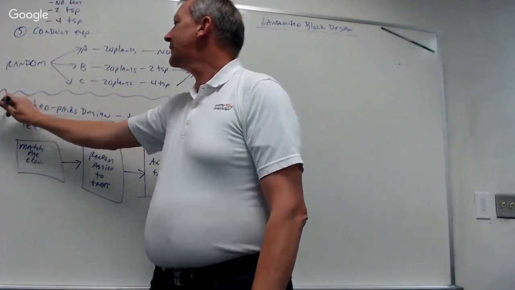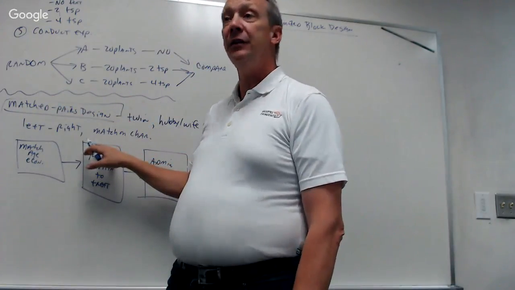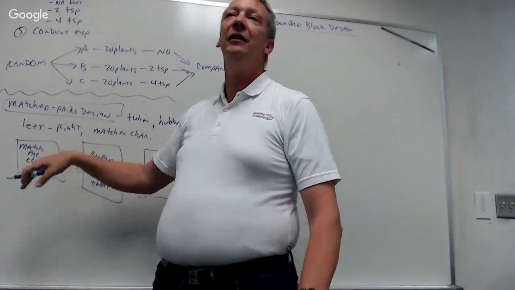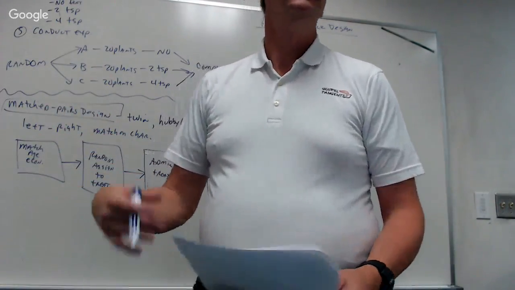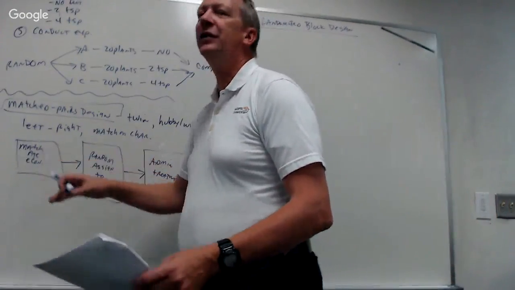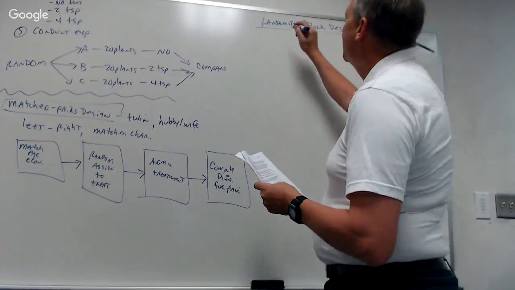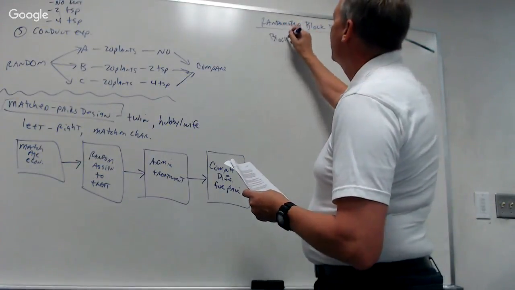With the matched pairs design, randomization is actually the second step, not the first. You're going to actually match them based on some sort of a reason to match them together. Okay, age and economic status or whatever. With the randomized block design, you have what we call a blocking variable.